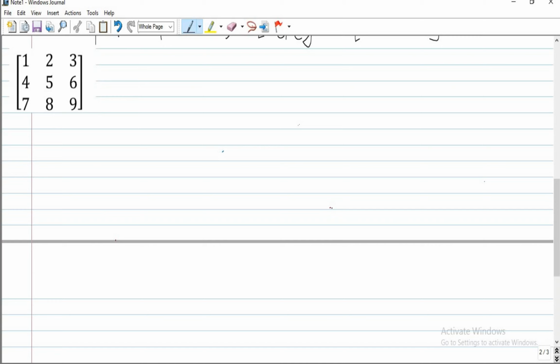So unahin natin yung cofactor of 1. That is equal to negative 1. Location, row 1, column 1, multiplied by. So, pakita ko ulit. I'm going to highlight this, yung aking 1, and yung aking pivot. Yung mga hindi naka-highlight is 5, 6, 8, and 9.